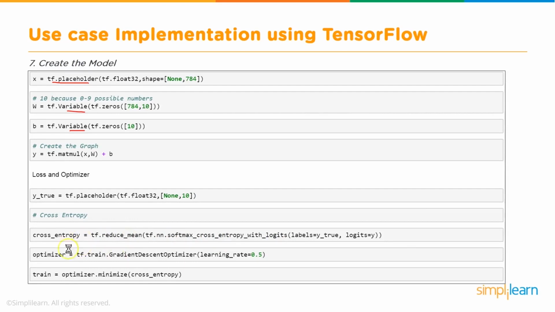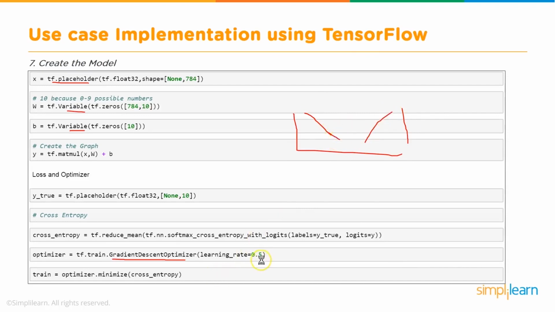Then for the optimizer for doing the correction of errors, we are using the gradient descent optimizer, which we talked about earlier. For that, you need to specify the learning rate. You remember we saw a slide somewhat like this, where you defined what the learning rate should be and how fast you need it to come down.